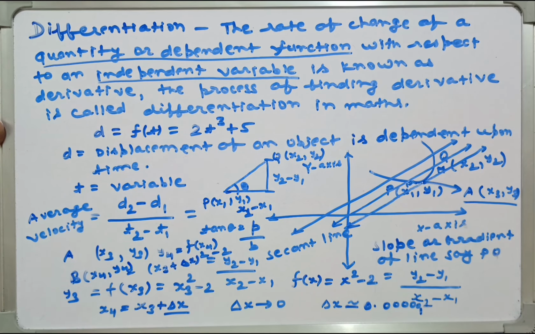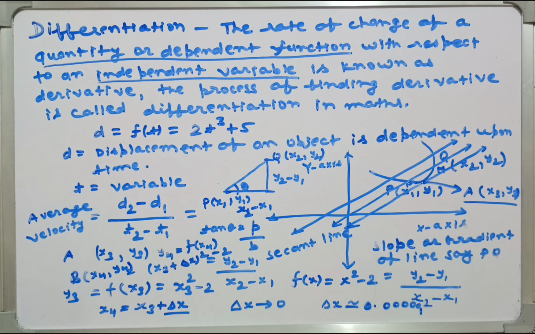So what we do at this time is take the slope of the line when you have two coordinates.